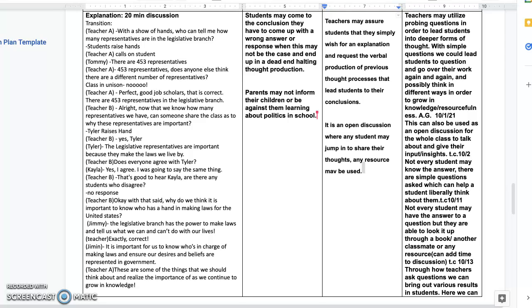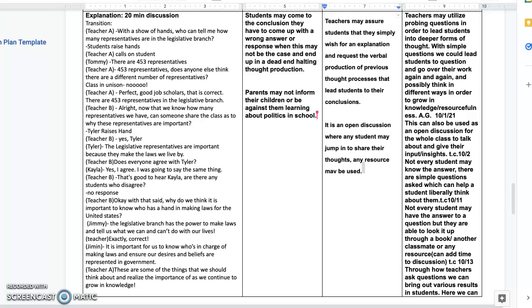Some barriers that my partner and I came up with were that students may come to the conclusion they have to come up with a wrong answer or response when this may not be the case, and end up in a dead end, halting thought production. Meaning, since it is an open discussion for the whole class, students are required to answer and share their thoughts and ideas about this topic.